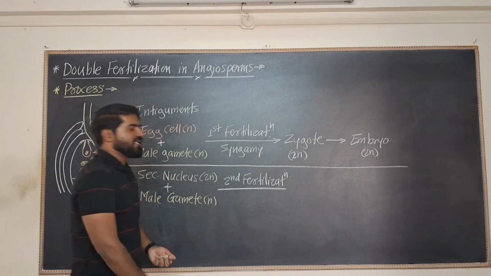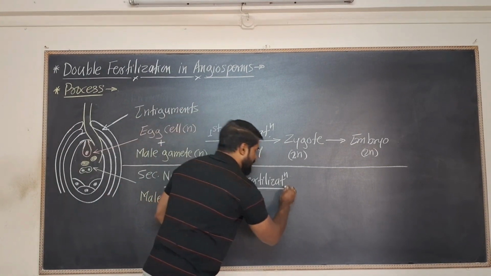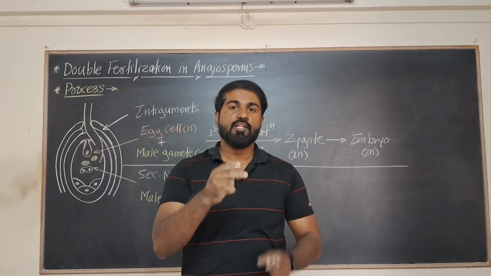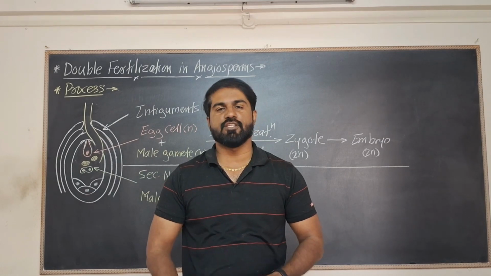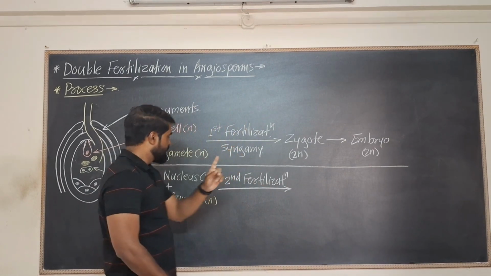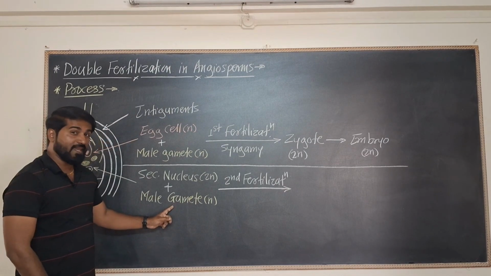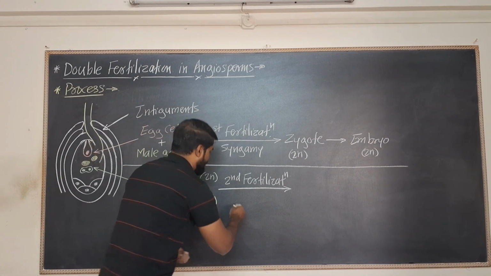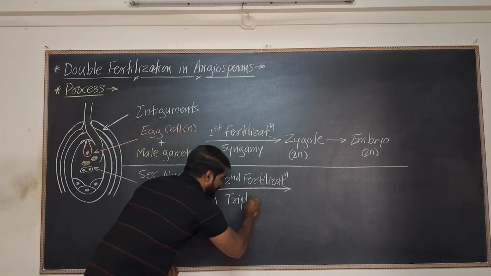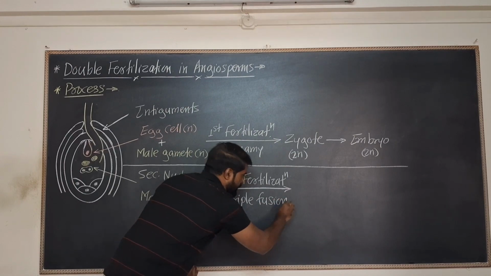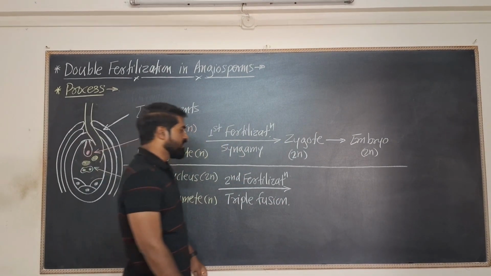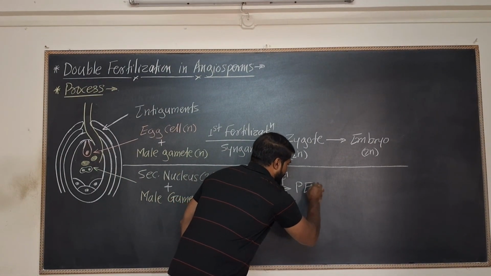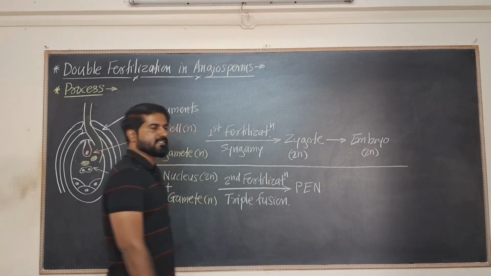Now it is considered as a second fertilization, but if you observe carefully, here instead of 2, 3 nuclei get fused with each other. That means 2 nuclei from secondary nucleus and 1 from male gamete, and union of these 3 nuclei is considered as triple fusion. The triple fusion or second fertilization results into formation of primary endosperm nucleus.